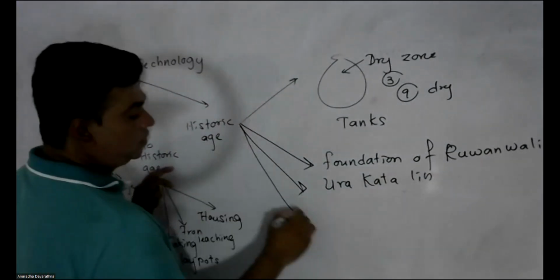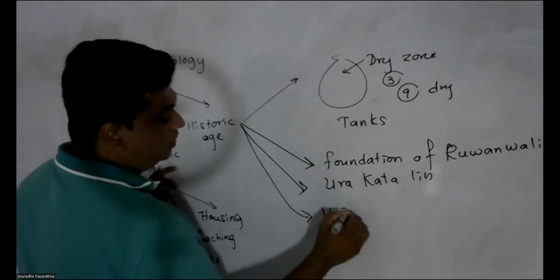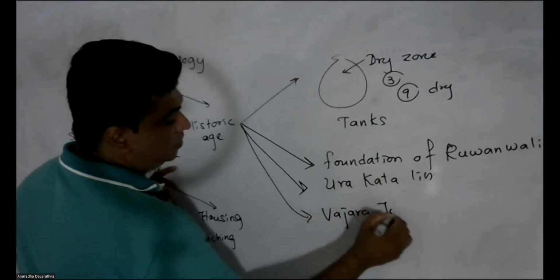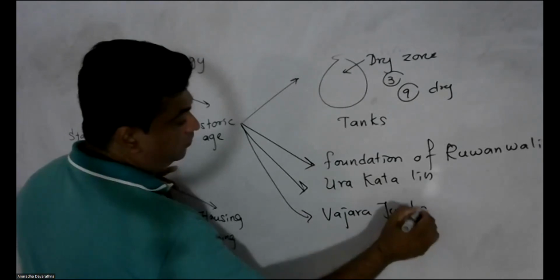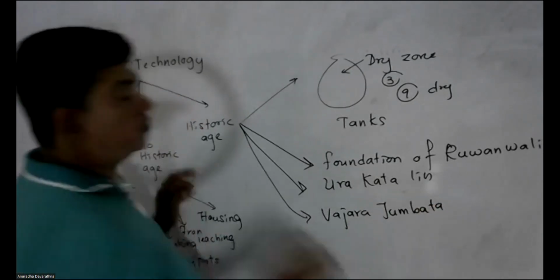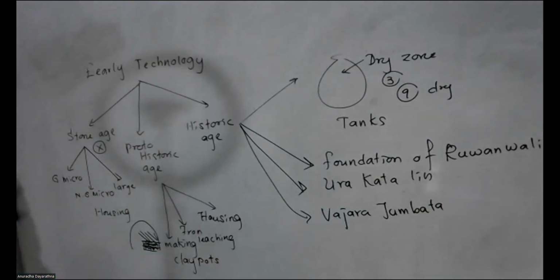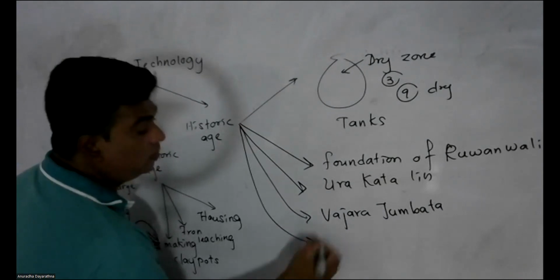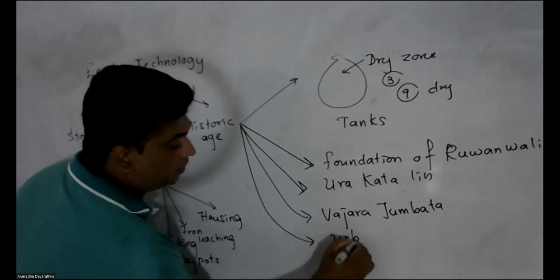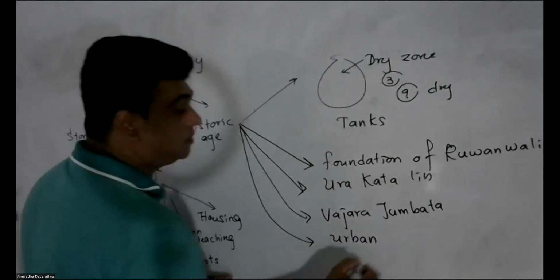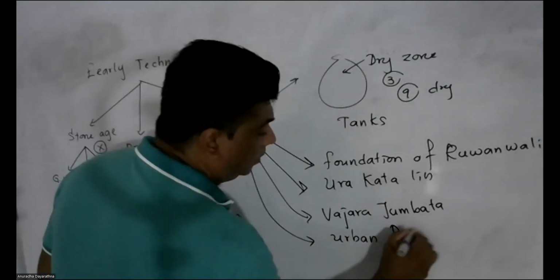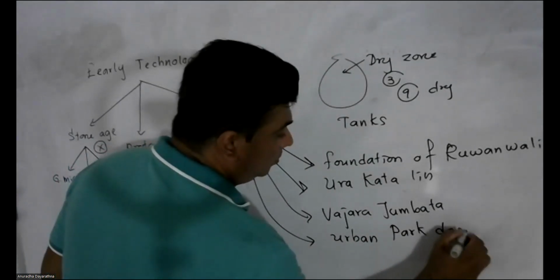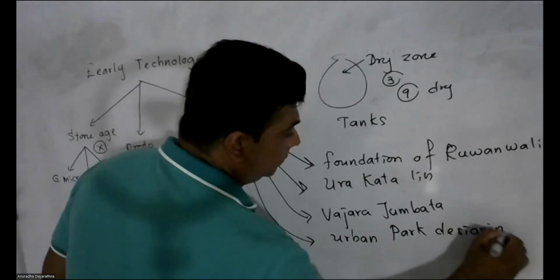Even Vajra Chumbataka. So what is Vajra Chumbataka? Vajra Chumbataka means the technology of protecting the large buildings from thunder and lightning. And the next one is urban park design. Okay, this also can come.